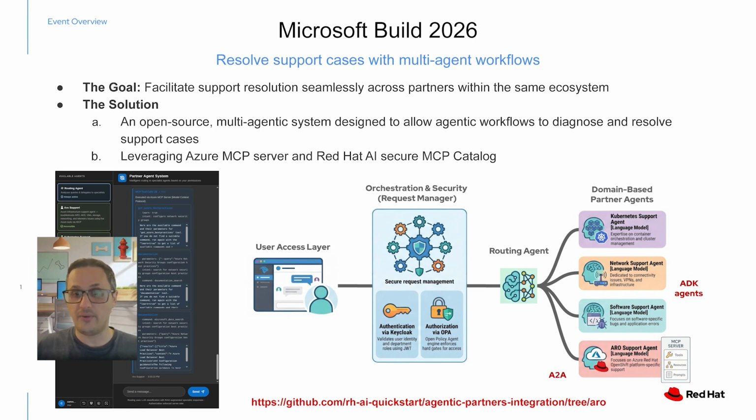Then we have the routing agent, which is in charge of routing the requests from the users to the specific agent that is helping you on troubleshooting your issues. In this particular case, we have A2A as the communication layer, and we used ADK to develop all the agents we have in this demo.